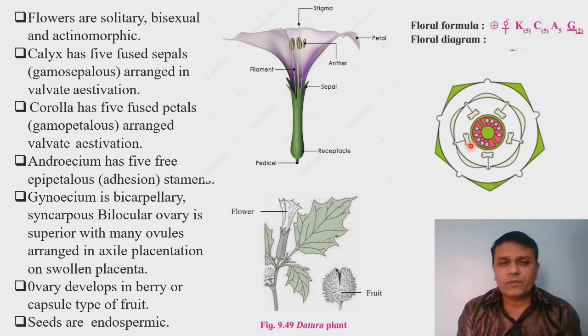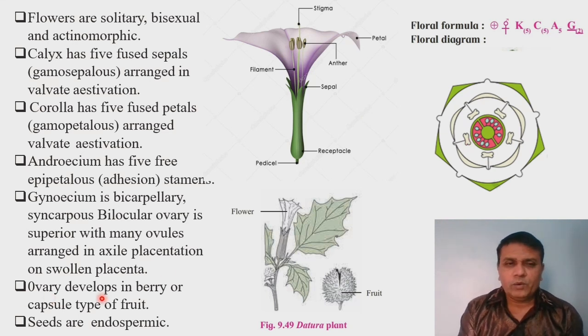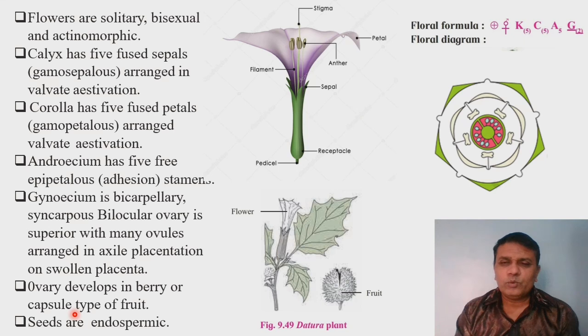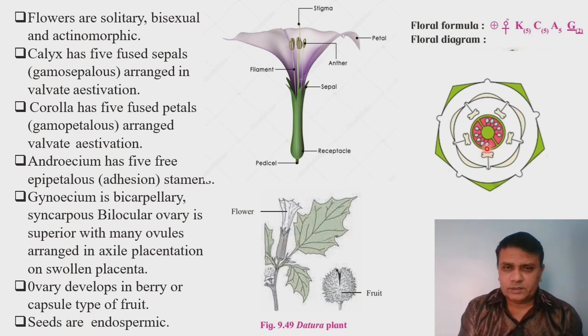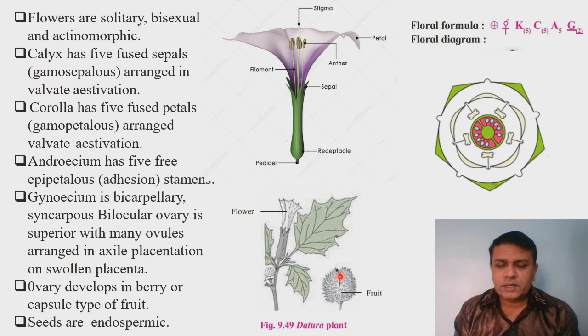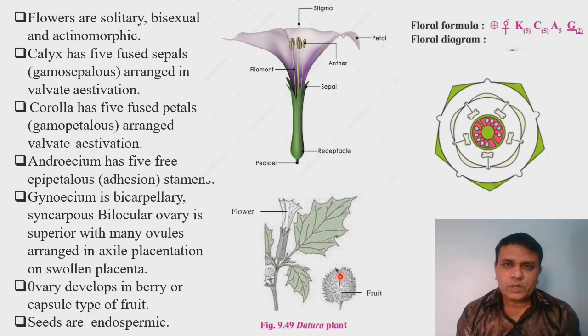Then the ovary, after fertilization, develops into a fruit. Now it may be a berry or a capsule type of fruit. Here we can see the fruit, and inside this fruit a number of seeds are developed, and these seeds develop from ovules. Now the seeds produced in the family Solanaceae are endospermic.